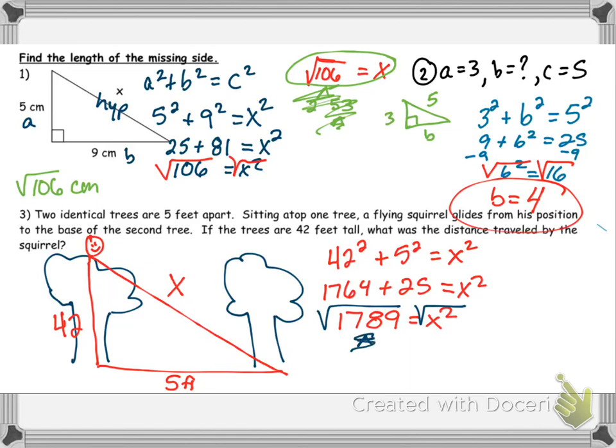Once you try a bunch of things, you'll figure out this one is prime. So the distance traveled by the squirrel is the square root of 1,789 feet. For all of these, you're just plugging your numbers into the Pythagorean theorem. Just make sure you're following order of operations and labeling your hypotenuse correctly.